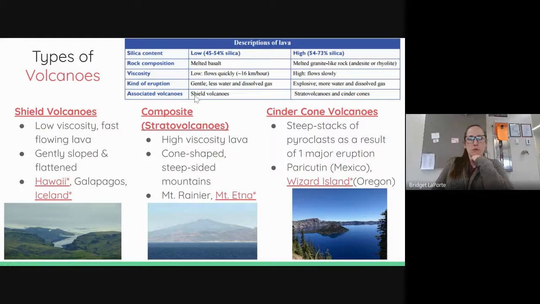And just a quick moment here, this word viscosity basically has to do with how thick the lava is and how it's going to flow. Something that flows quickly has a low viscosity, so something like baby oil or water would have a low viscosity. That lava is going to flow fast. Something that has a high viscosity is going to flow slowly, so think of it more like molasses or honey, something that's going to take a little bit longer to flow.